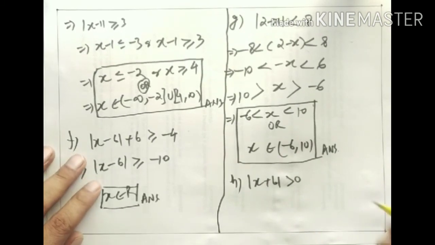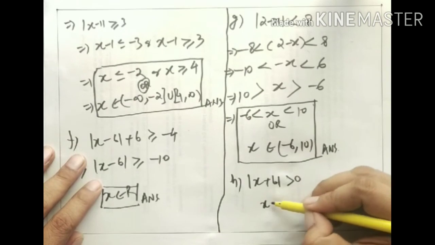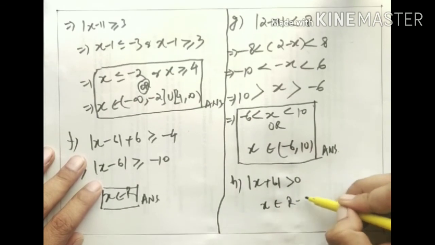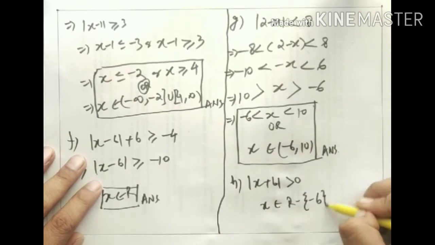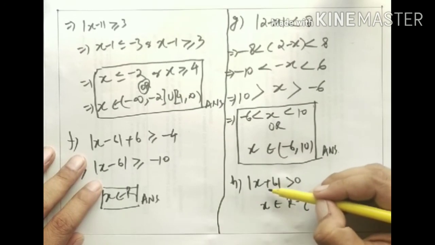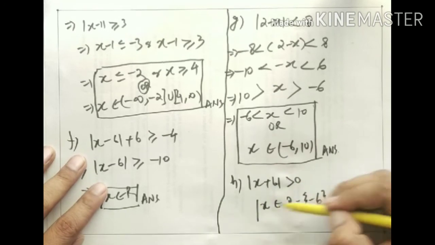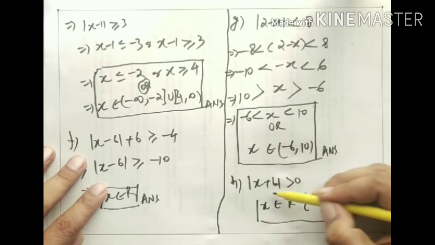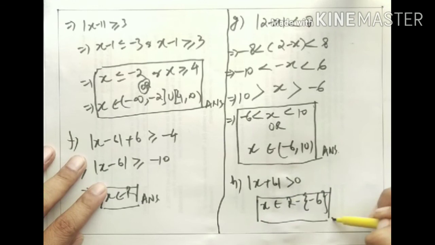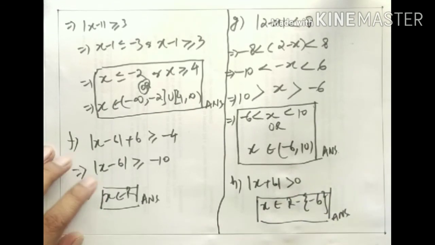But here greater than 0 is expressed. That means x will belong to R minus {-6}, because if I put -6 over here, it will give 0 on the left-hand side. Here I don't want 0, I want only greater than 0. So this will be the answer to this question: R minus {-6}.